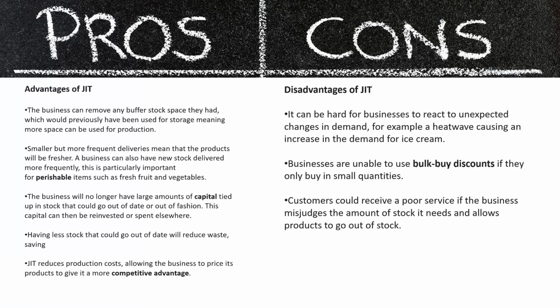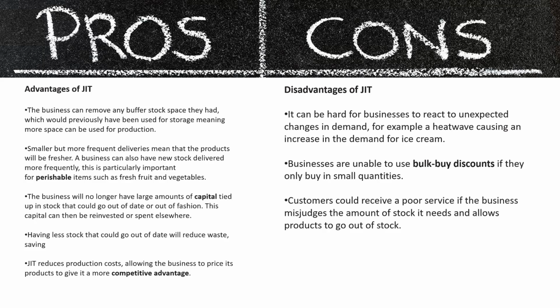Having less stock that could go out of date will reduce waste and increase the amount that you can save, so it'll increase savings. And JIT reduces production costs, allowing the business to price its products to give it a more competitive advantage, something that all businesses will strive to attain.